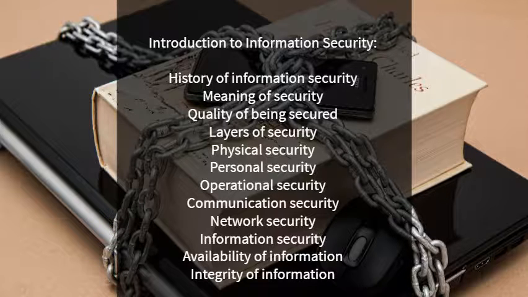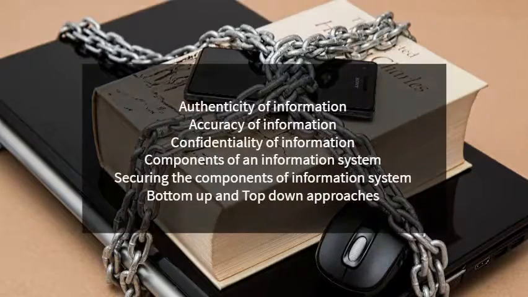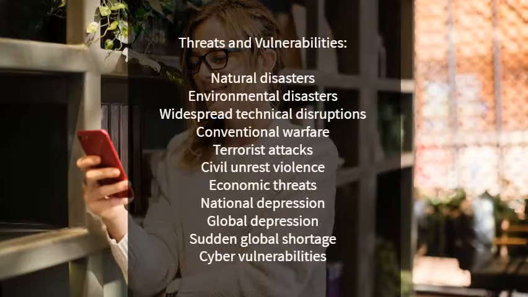Communication security, network security, information security, availability of information, integrity of information, authenticity of information, accuracy of information, confidentiality of information, components of an information system, securing the components of information system, bottom-up and top-down approaches.